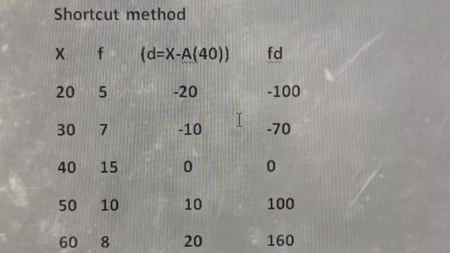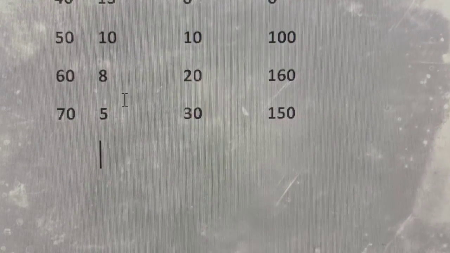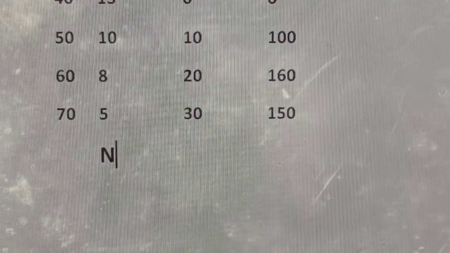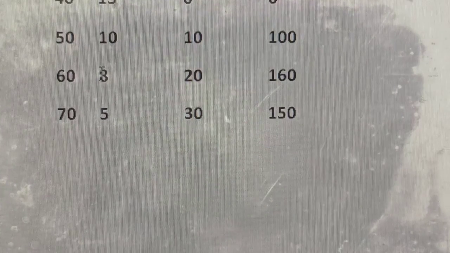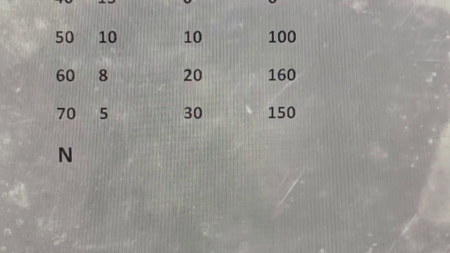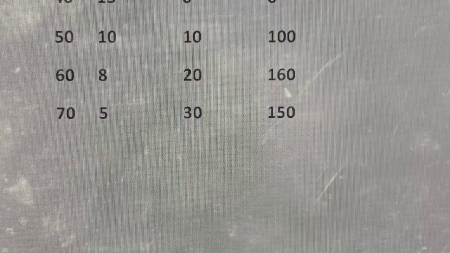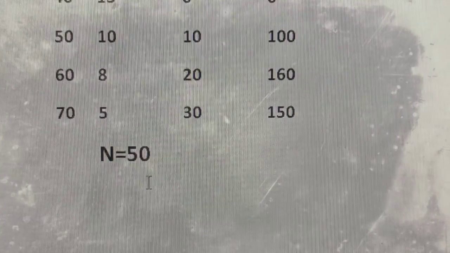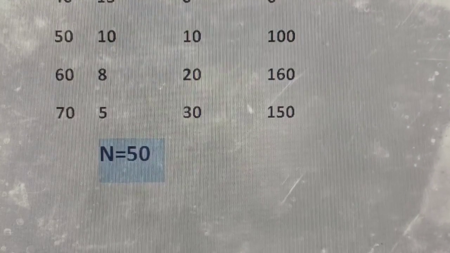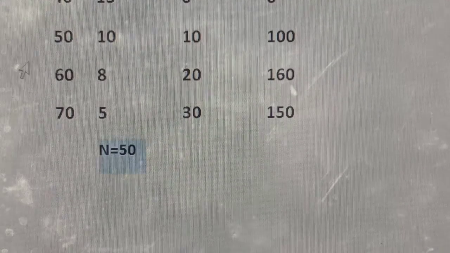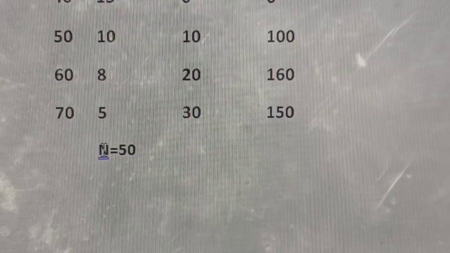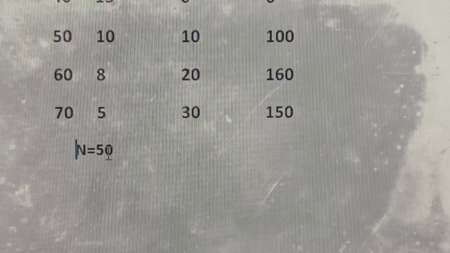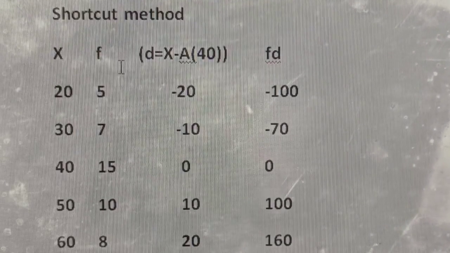Now we have to find the values. When we add the f values, we get n equals 50.